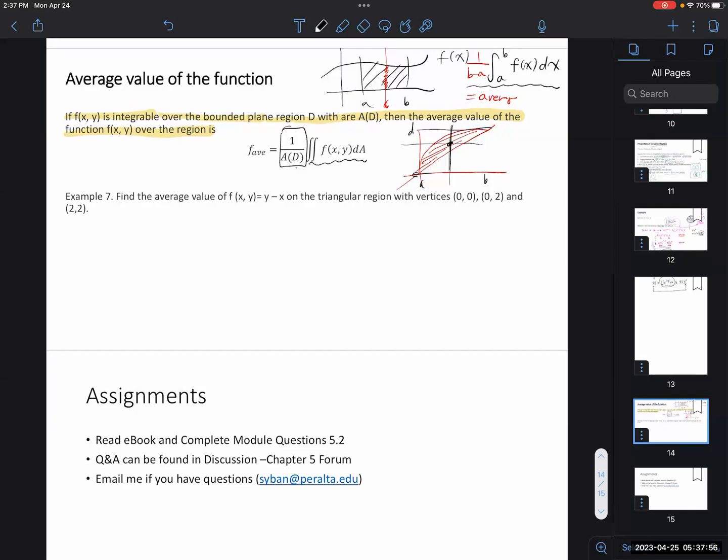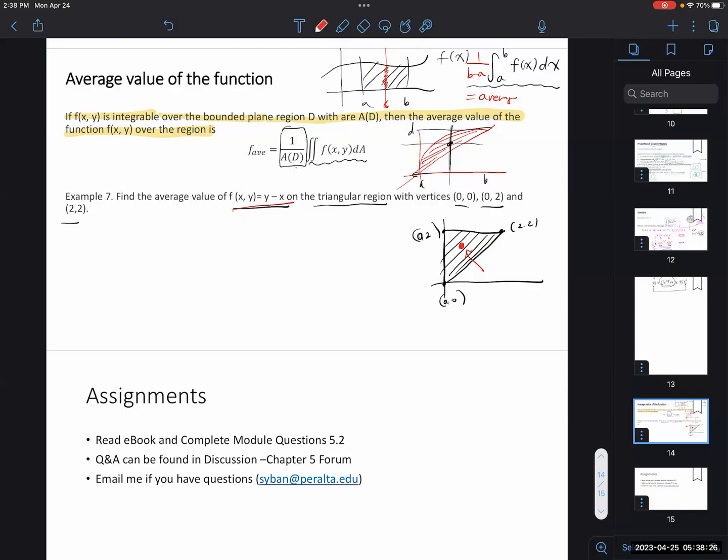So this is the given function, y minus x. And this is going to be the triangle region formed by these three points: 0, 0 right there, 0, 2 right there, and 2, 2 right there. This is the region. I want to find out the average value of this function.